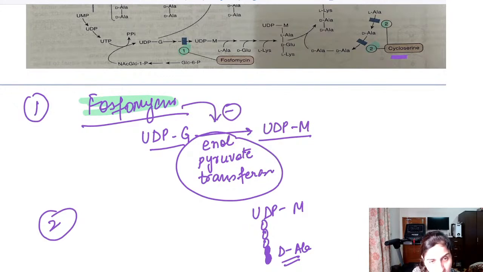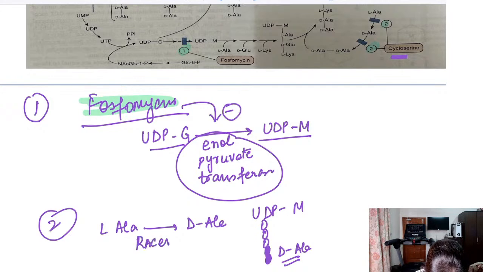Now, D-alanine ko banne ke liye, to form D-alanine, it requires to be synthesized from L-alanine. L-alanine se D-alanine banta hai, and the enzyme here is racemase.